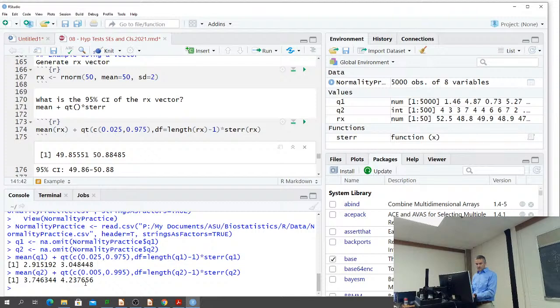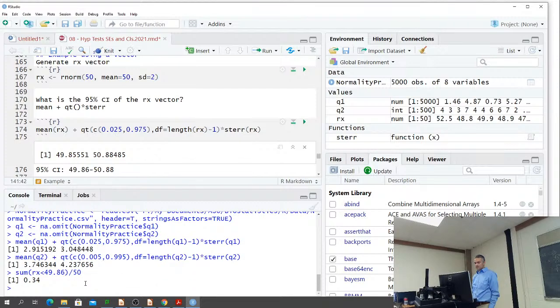What I'm going to do is count the sum of the RX values that are below the 49.86, and divide that by 50. You're going to see this again, but what I'm doing is trying to count up how many values are actually below the lower end. 34% below the lower end. 34% of our actual values are below that.